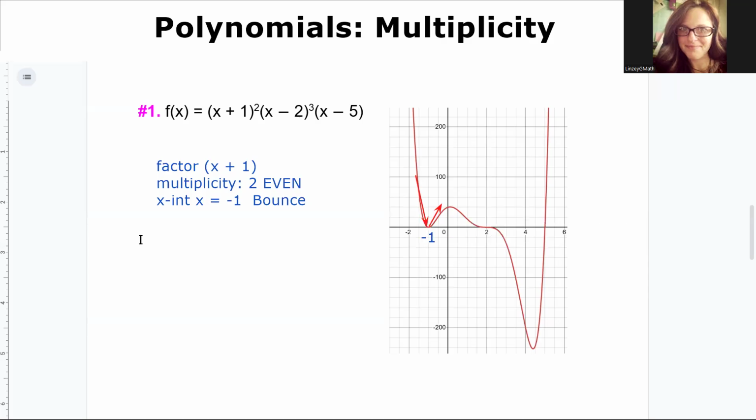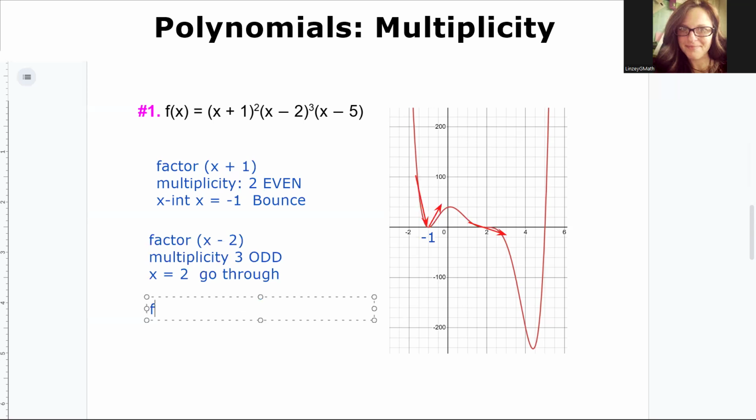The second factor, x minus 2, has a multiplicity of 3, an odd number. So at the x-intercept, x equals +2, the graph will go through. And we can see at +2, it does go through to the other side.